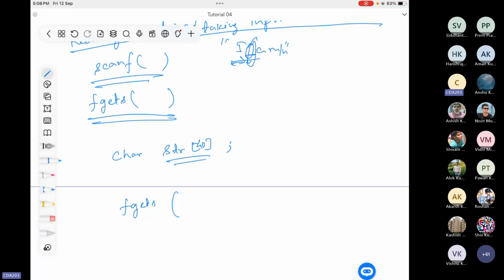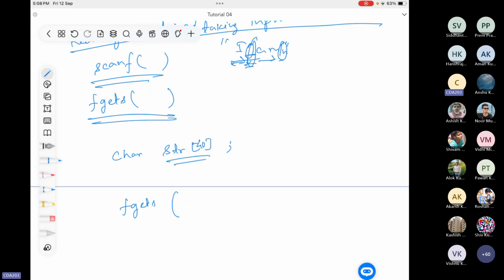It will not read the space. Whereas fgets will read with spaces and whatever is written until a new line command is there. It will also take the maximum number of characters it can count. You can bound it.